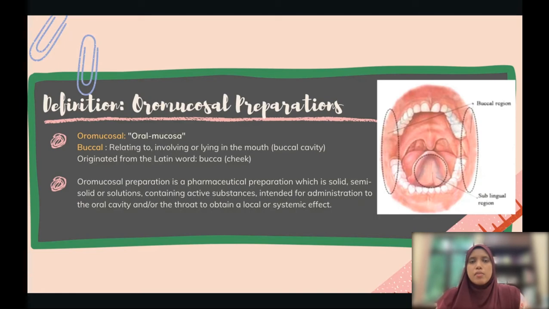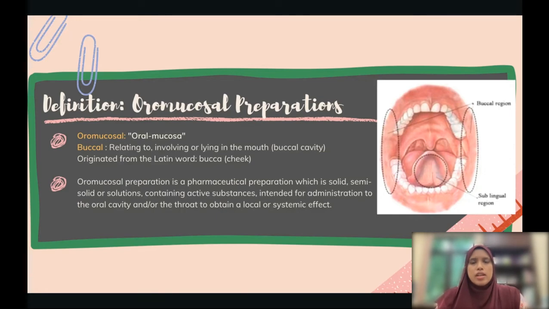This is an important thing that you have to understand: administration through the oromucosal cavity can also give a systemic effect, which means that the drug administered, for example under the tongue, can be absorbed into the blood circulation.